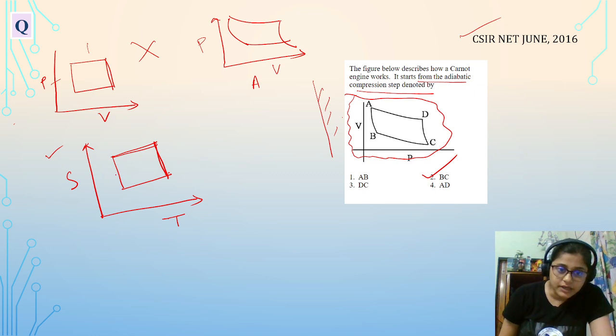Yes, so let's say this is the first step, it is matching. So in the first step dT is 0, delta S will be positive. In the second step, delta S will be 0.